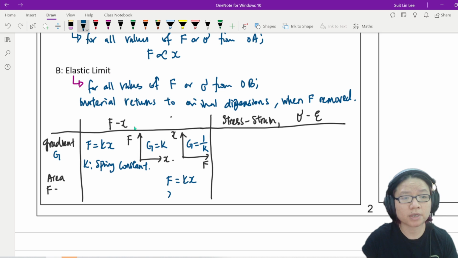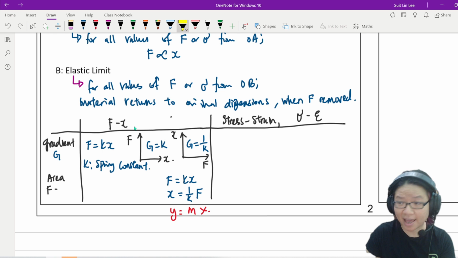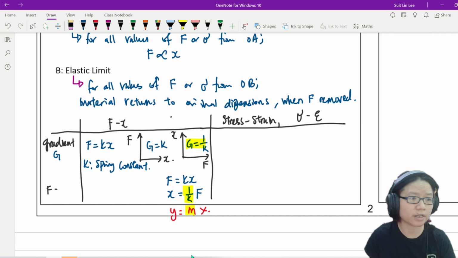Okay, so from here, x is your y-axis. This will be equal to 1 over k. So what we are doing is we're actually comparing with the general equation of a straight line. Your y-axis is x, your x-axis is F. Gradient is 1 over k. All right, so learn to move like that. If not, very stressed there. I change the graph a bit, then GG.